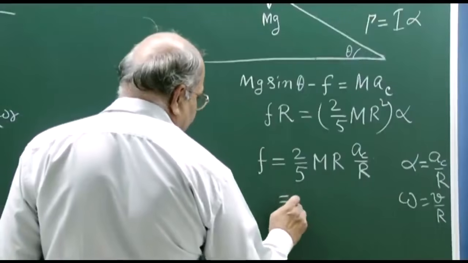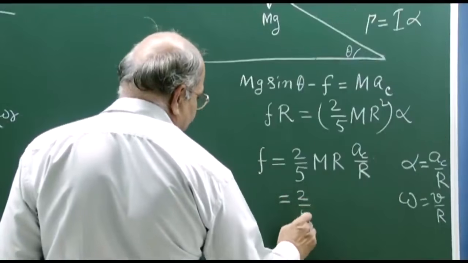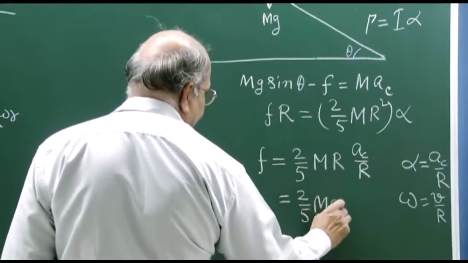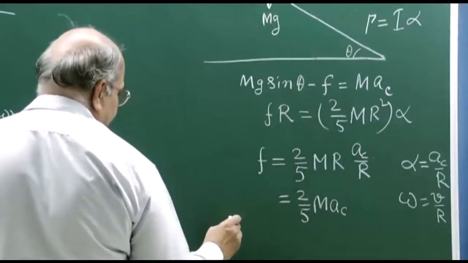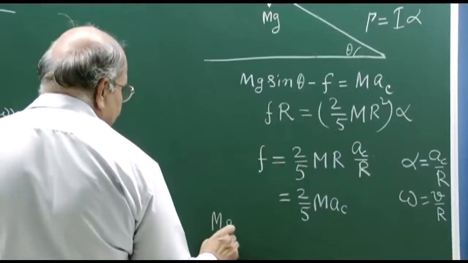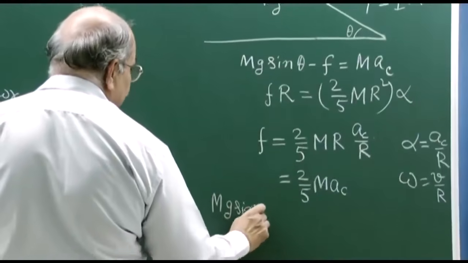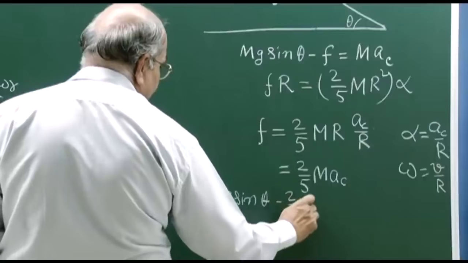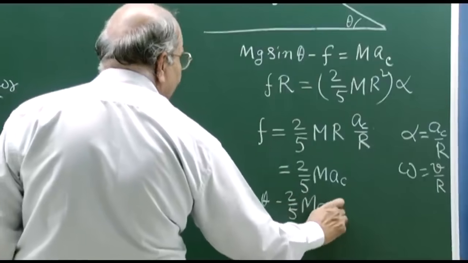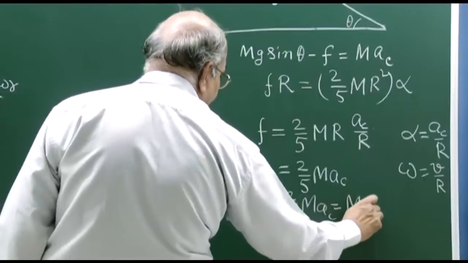And so, this is 2 by 5 times mass and then acceleration a_c, and this f you can put here. So, m g sin theta minus 2 by 5 m a_c is equal to m a_c.